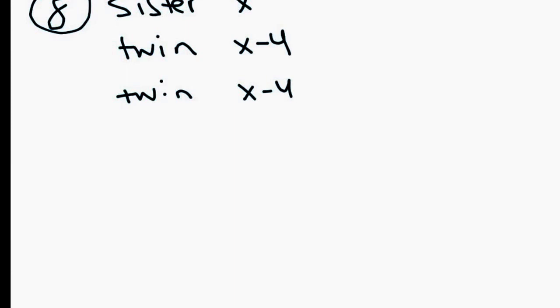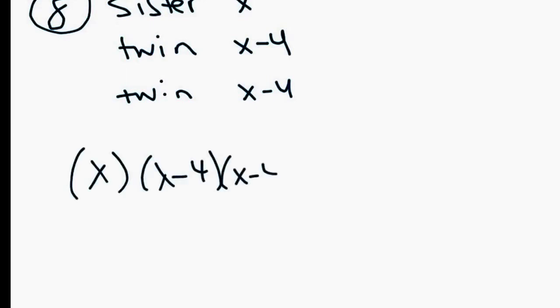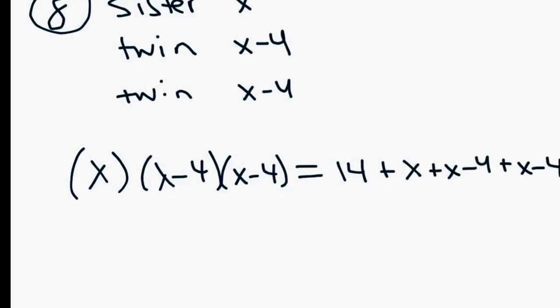It says this year the product of their ages, so what I get when I multiply their ages together, is exactly 14 years more than the sum of their ages. So if I add the 3, that polynomial, we can find the age of the sister by graphing it.